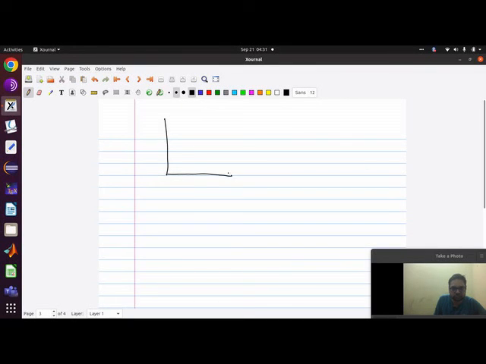x and y, and then you have your rotated coordinate system. Let us change this.